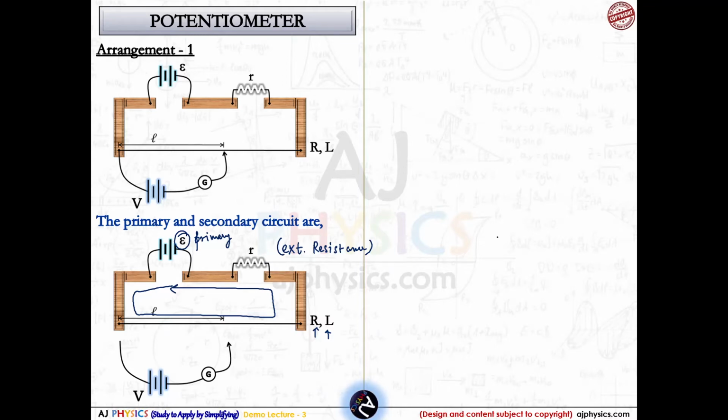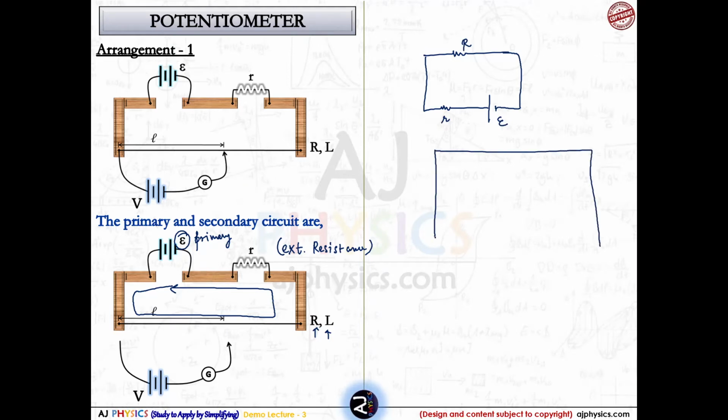Let us discuss one important point now. We have discussed in circuit theory the internal resistance and the voltages like EMF and TPD, and the basic difference between EMF and TPD. So let's construct one circuit in which this is the external resistance R, this is small r, and this is the battery E. Try to make a chart.